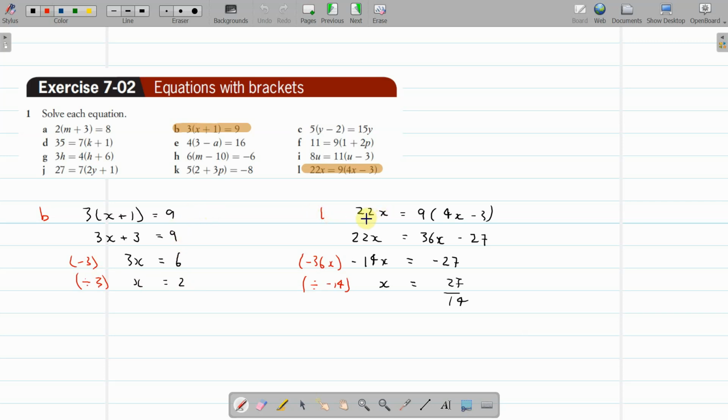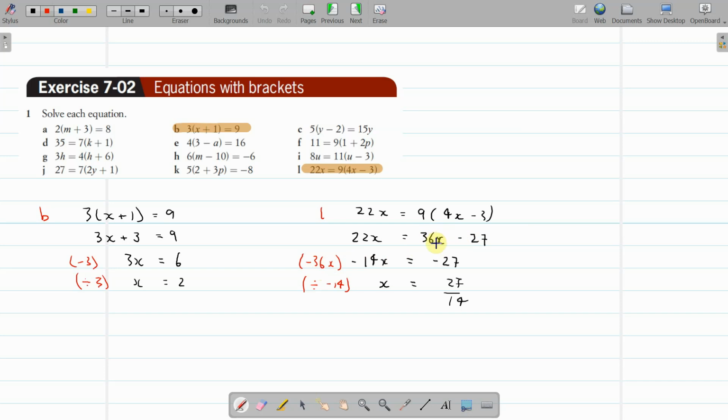L. Write the question, then expand the brackets. This side stays the same. 9 times 4x is 36x. 9 times minus 3 is minus 27. Then we remove this 36x from here. So we're just left with the minus 27. And the way to do that is to take away 36x.